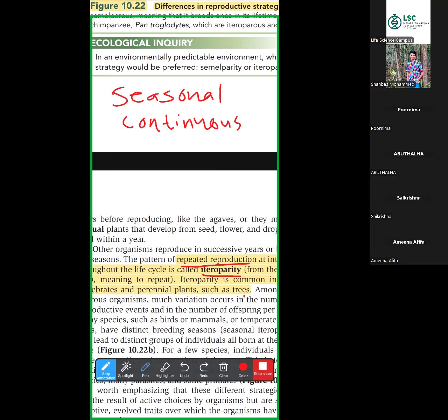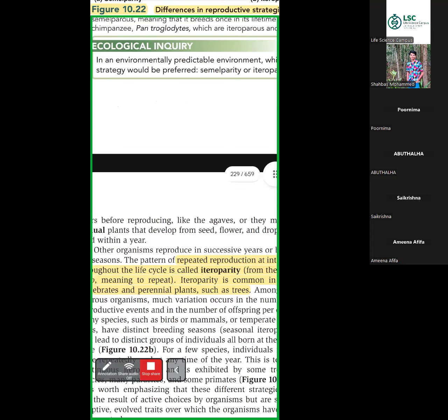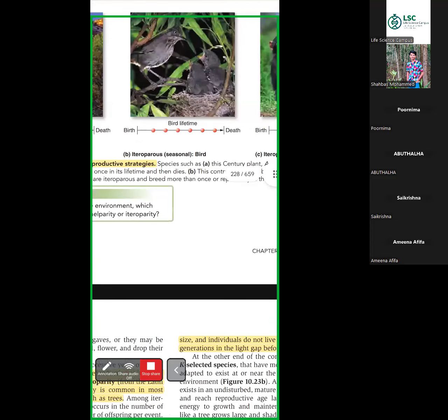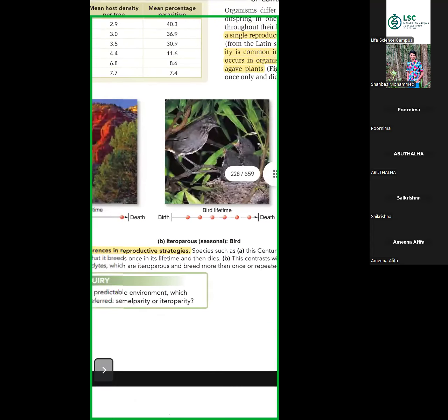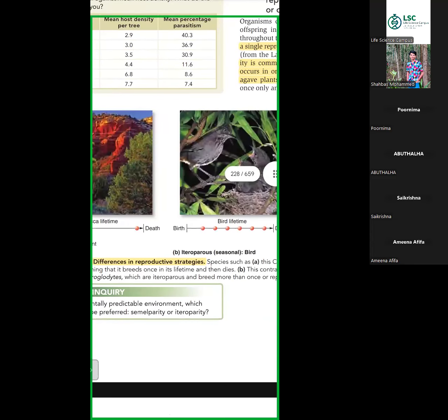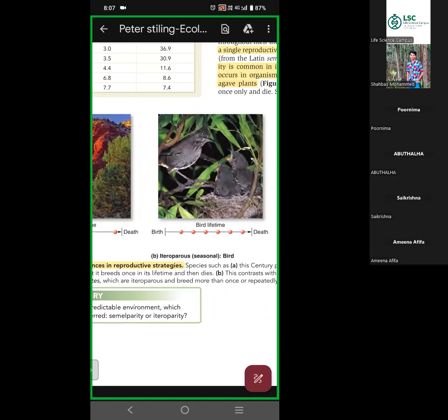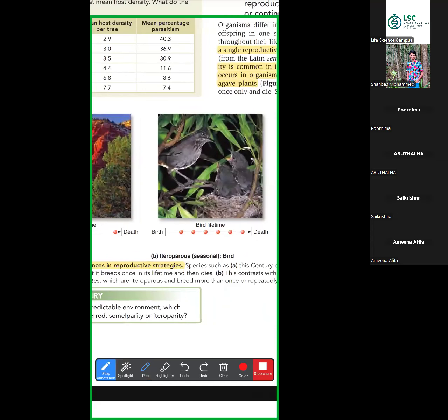They reproduce only during that particular breeding season. Examples of seasonal iteroparity include birds. Birds are an example of seasonal iteroparity.